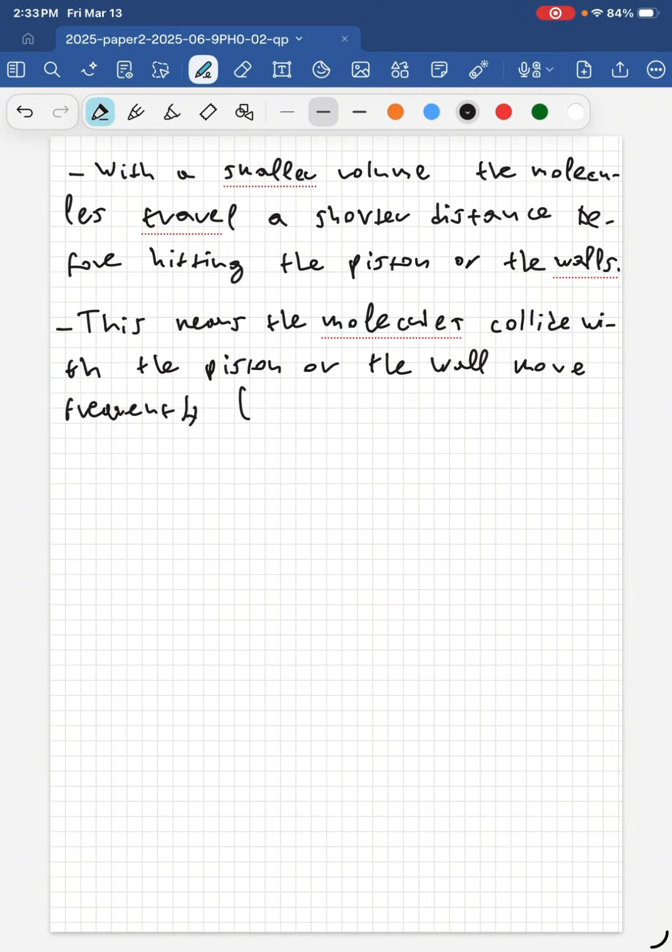And you can see this from simple SUVAT equations. S is V times T, right? So with the average distance reduced and the speed remaining the same, the time between collisions reduces.